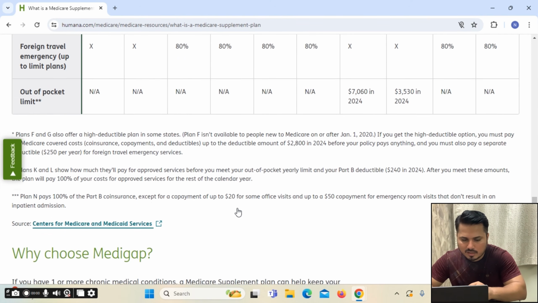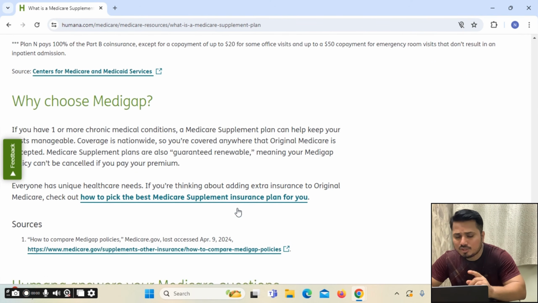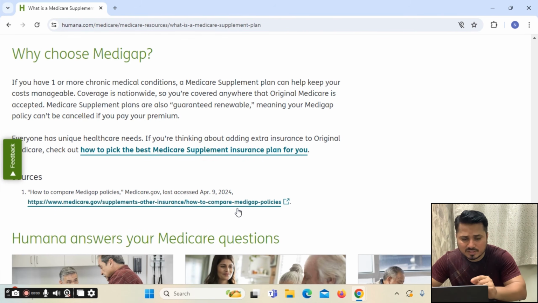Why choose Medigap? Let's understand this now. If you have one or more chronic medical conditions, a Medicare supplement plan can help keep your costs manageable. Coverage is nationwide, so you are covered anywhere that original Medicare is accepted.